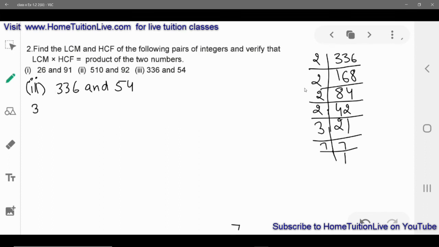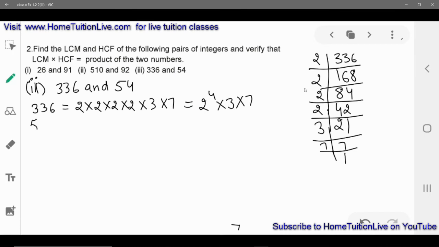So the factors of 336 are 2 multiply 2 multiply 2 multiply 2 into 3 into 7, or we can write it as 2 power 4 into 3 into 7.